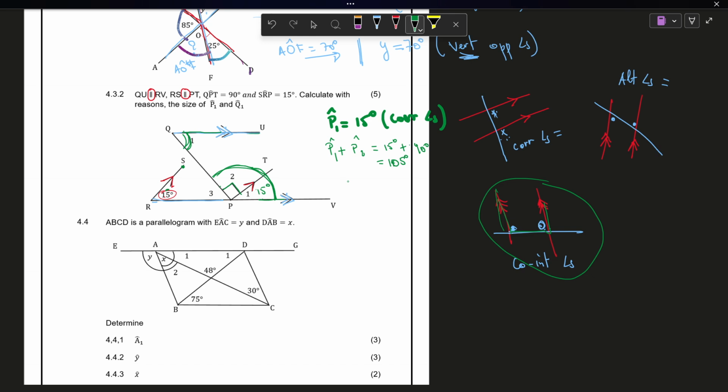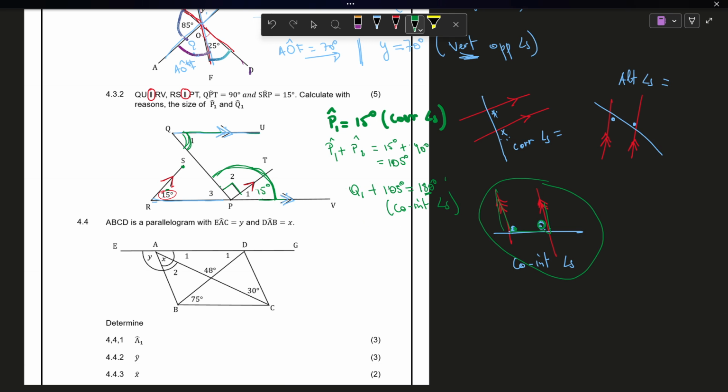So it means Q1 plus 105 degrees is equal to 180 degrees. The reason is co-interior angles. Remember, co-interior angles sum up to give 180 degrees.